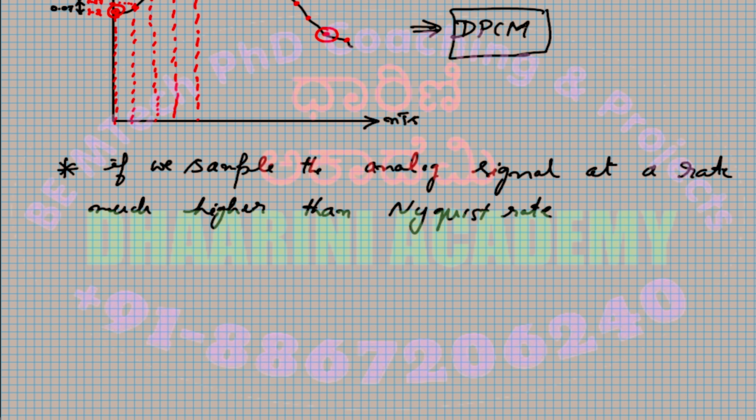We observed one thing, that is the correlation between the neighboring samples or successive samples increases.